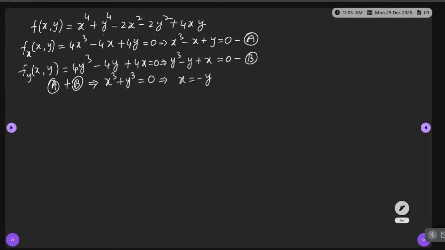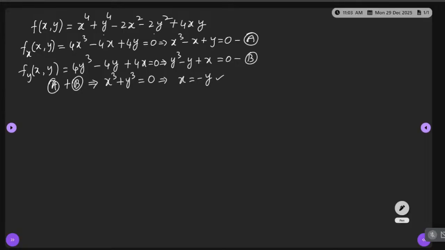A plus b into a square minus ab plus b square. On solving a square minus ab plus b square, you will get an imaginary relation. By solving a plus b equal to 0, a equals minus b. That is x equals minus y. This is the only real relation.